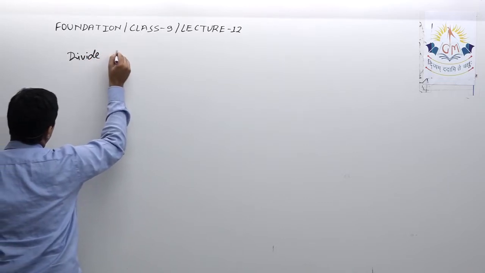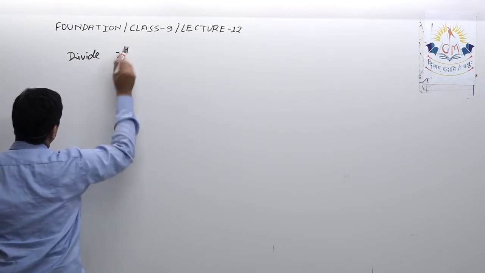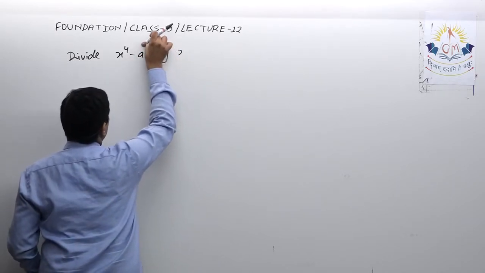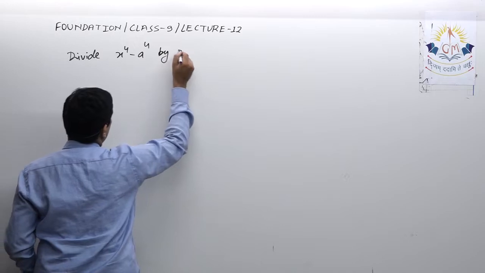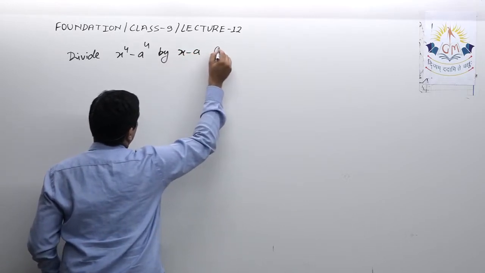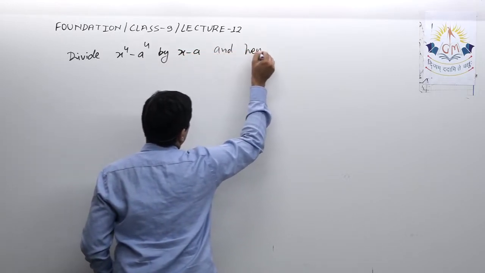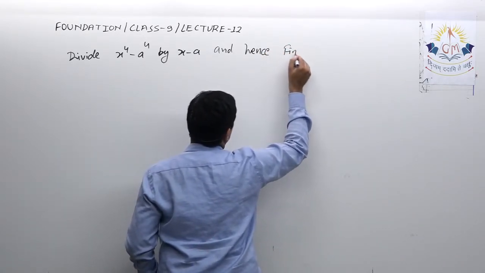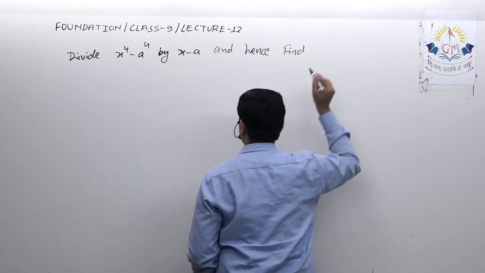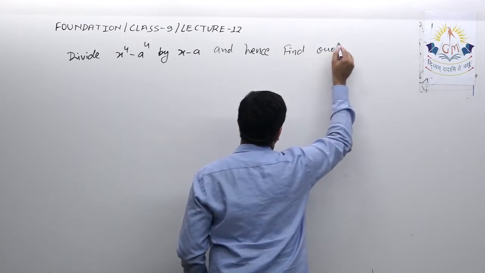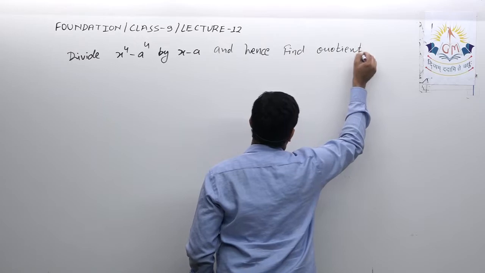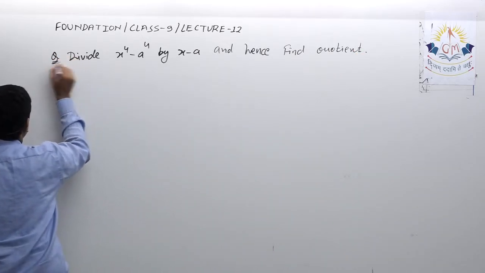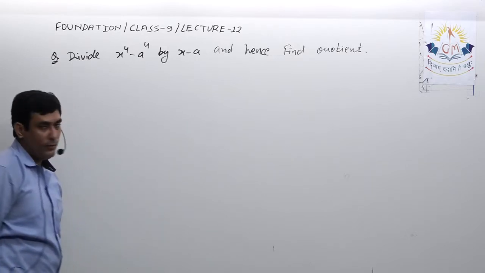Divide x raised to 4 minus a raised to 4 by x minus a, and hence find the quotient. You have to divide the given polynomial by x minus a and find the quotient.